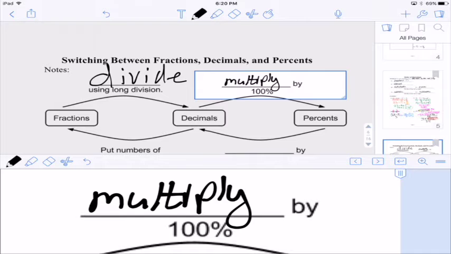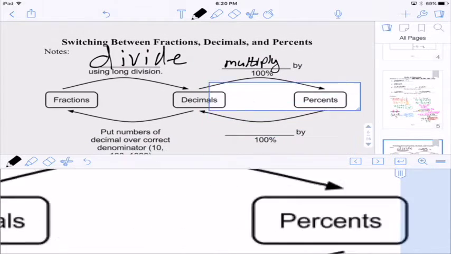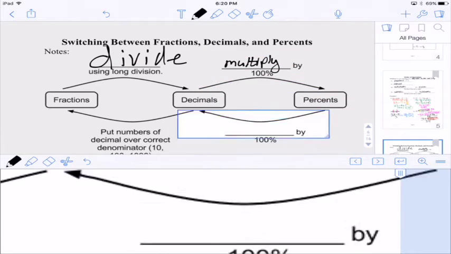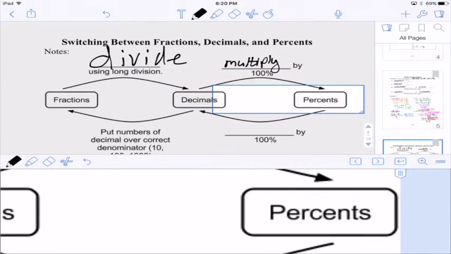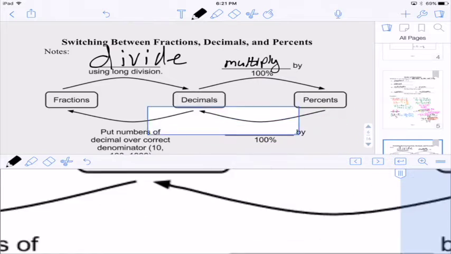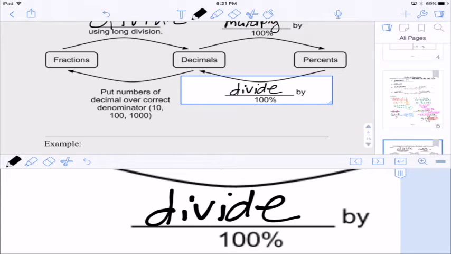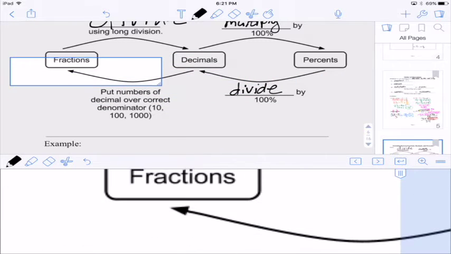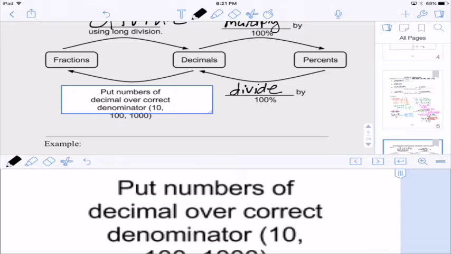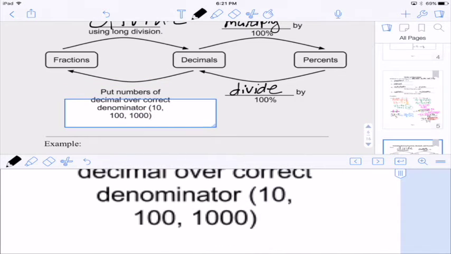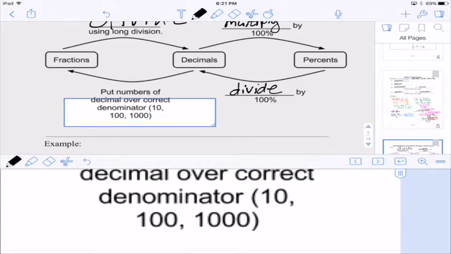Before you just say you're moving the decimal over two places, I'll show you what that means. So if we multiply by 100% to go from a decimal to a percent, to go from a percent to a decimal, you're going to do the opposite. Divide by 100%. And then finally, from a decimal to a fraction, you're going to put that number over the correct denominator. I'll show you what that means too.